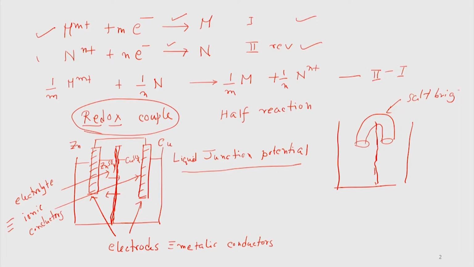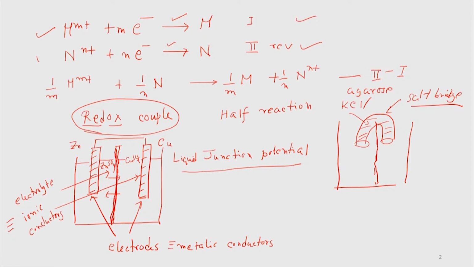So, the salt bridge is nothing but a concentrated solution of some salt, say potassium chloride in most of the cases, in some gel matrix, and usually this matrix is agarose gel. So, KCl agarose constitutes a salt bridge.